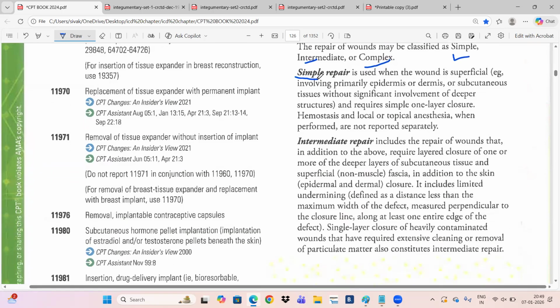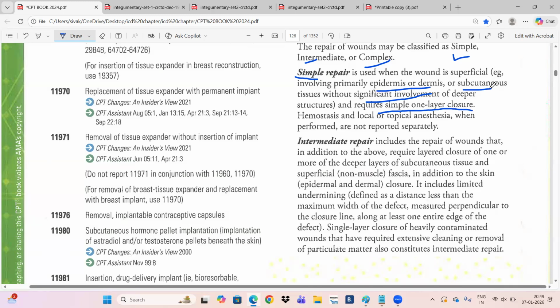Simple repair is used when the wound is superficial, involving primarily epidermis or dermis or subcutaneous tissues, without significant involvement of deeper structures, and requires simple one layer closure. Here, depth should be epidermis or dermis or superficial layers of the subcutaneous tissue.